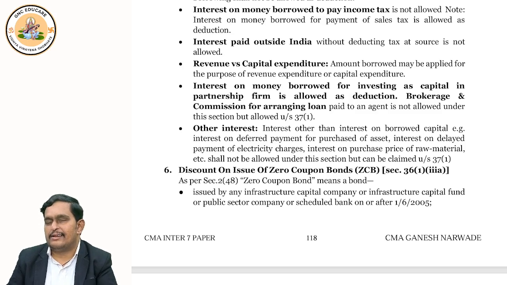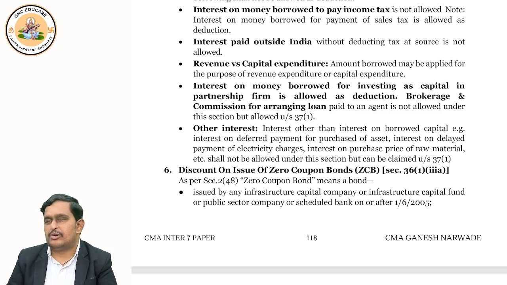All these services these people give, they are called brokers and they charge commission. The commission paid cannot be deducted here as interest expenditure under section 36. But under section 37, as general deduction, they can claim it. So that brokerage paid, commission paid is general expenditure.